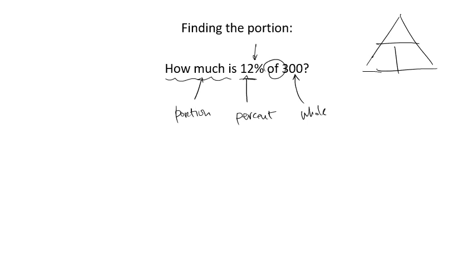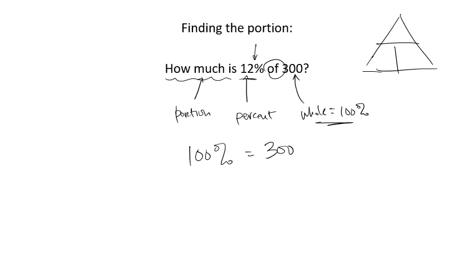So in doing this problem, we're going to look at this from an equivalent fraction perspective. So what we know is that 100% is 300 because our whole always has to be 100%, right? That is by definition what a whole is. It's the whole thing.